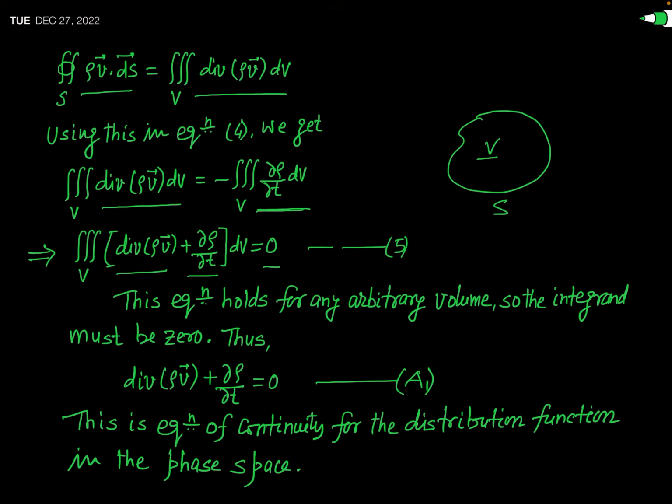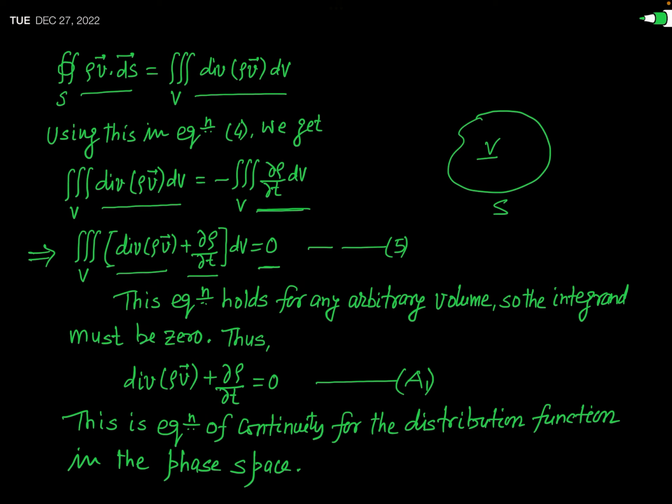So the result obtained in this equation 5, that is the value of the integral being equal to 0, is not due to any particular value of the volume. The shape or the volume is not responsible for this 0 result.